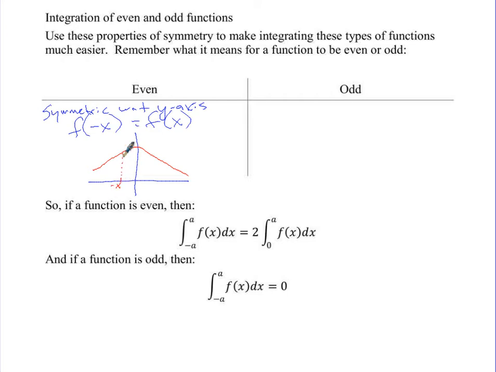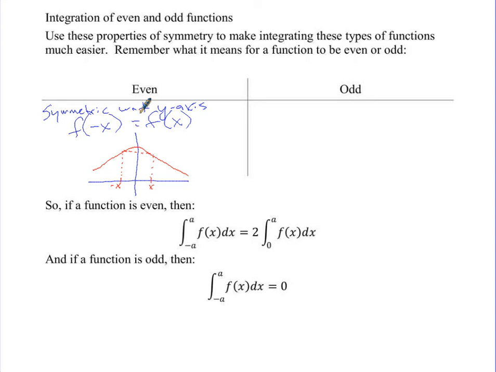If I draw a dotted line up, and draw the dotted line up from its mirror on the other side, these two y values are exactly the same. And that's what this is saying: f at negative x equals f at positive x. Okay? That's an even function.